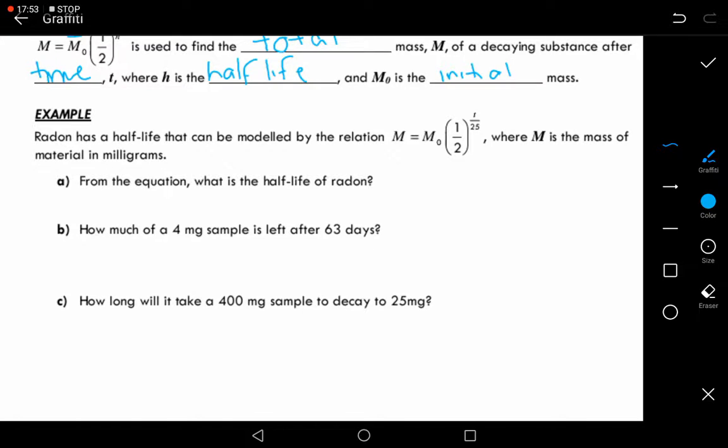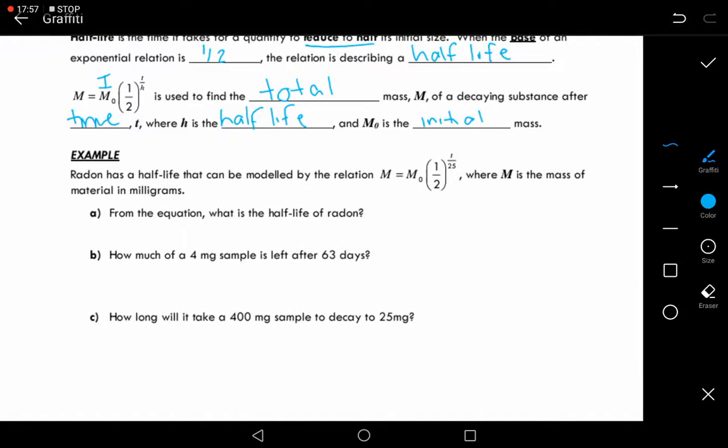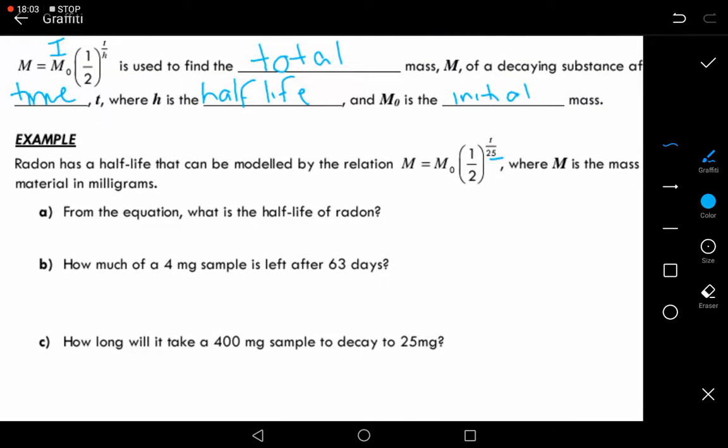So again, we're just looking at the equation. We know that the half-life is the h, and we can see that 25 has been subbed in for h. So that means that the half-life of radon is 25 days. And this one is in days because I can look ahead and see that my other questions are in days.